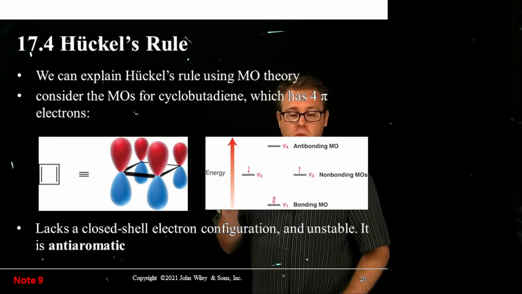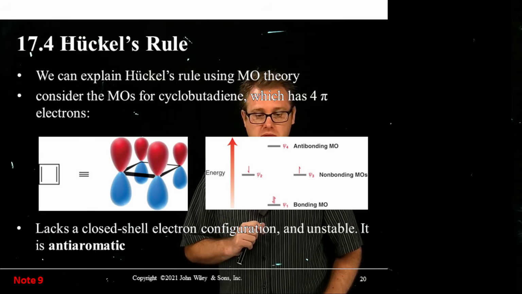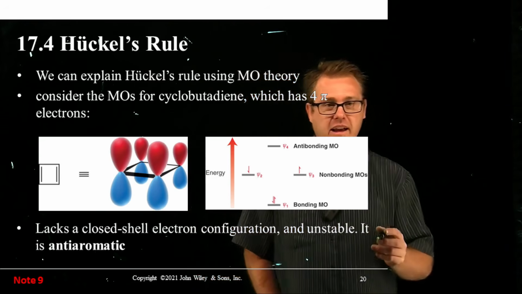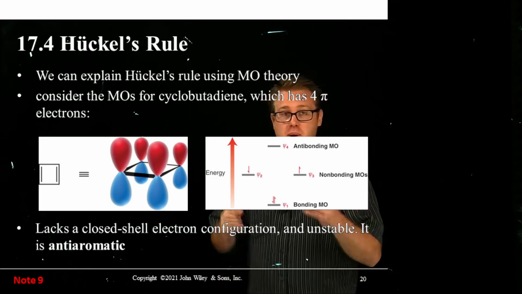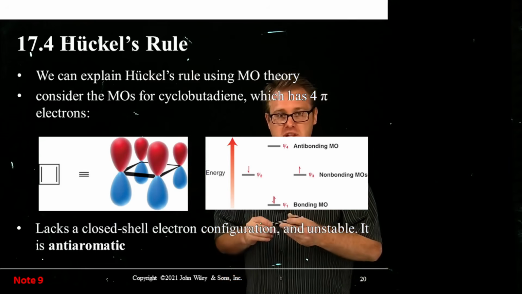But then you have 1 electron in each of 2 non-bonding orbitals. So what that's trying to show us is that we have 2 electrons that aren't even in bonding orbitals. They're not forming any bonds, they're just there.